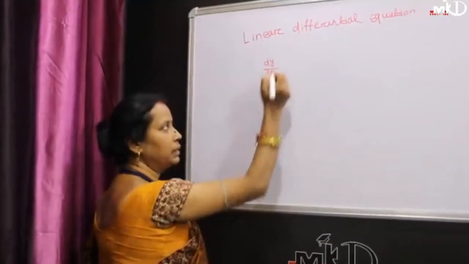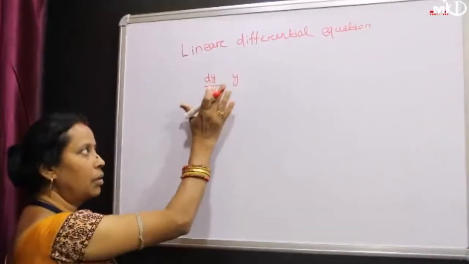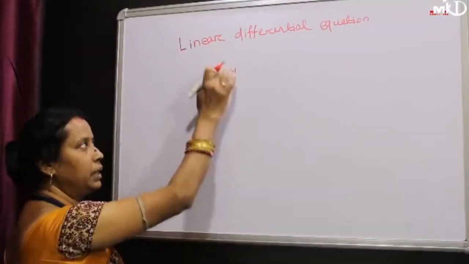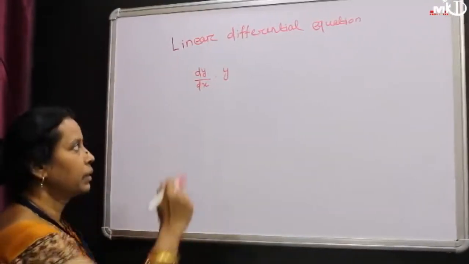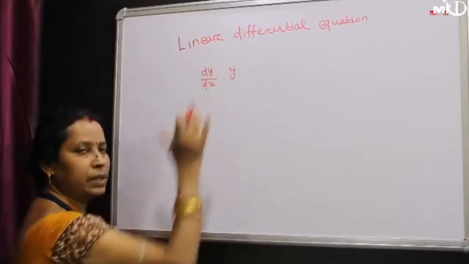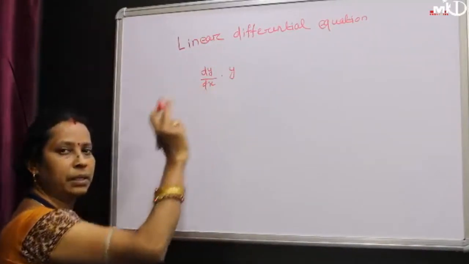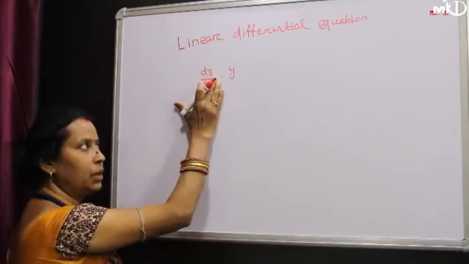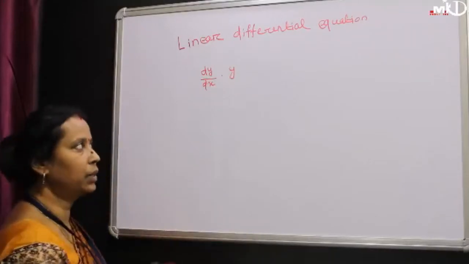The differential coefficient and the dependent variable are not multiplied together and the degree of the differential coefficient must be 1. So, the first criteria of linear differential equation is that the degree of the equation must be 1 and the dy by dx, or the differential coefficient, and the dependent variable are not multiplied together.